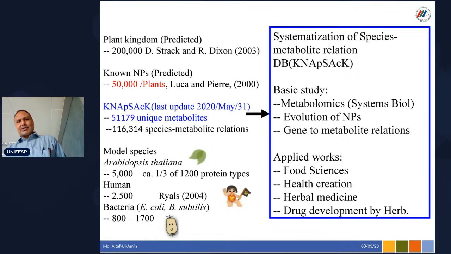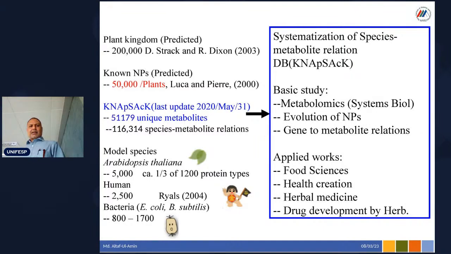And according to this reference of 2000, non-natural products are roughly 50,000. So currently in our database, we have more than 51,000 metabolites. So we can probably claim that in our database, we have the information of all the known natural products.